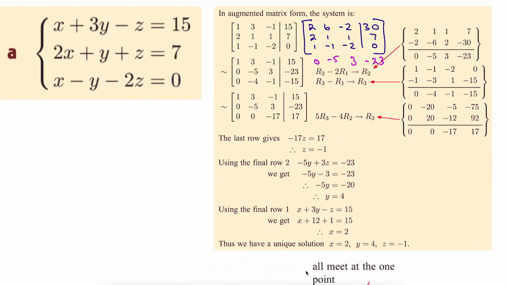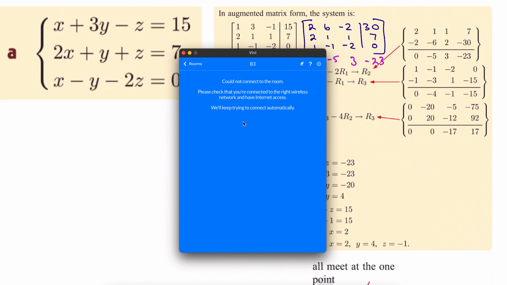Oh. Right. I don't know why that mirroring's disconnected for people in the room.